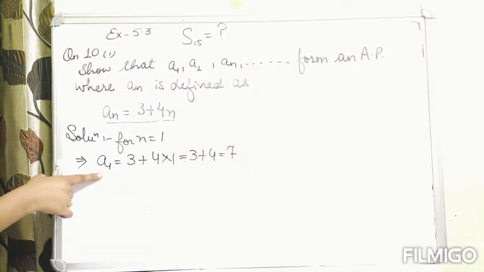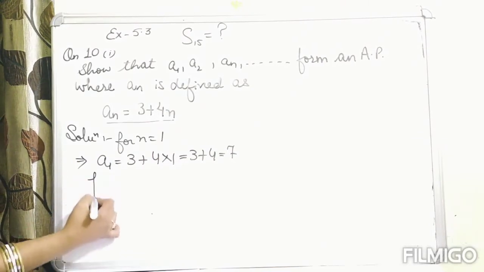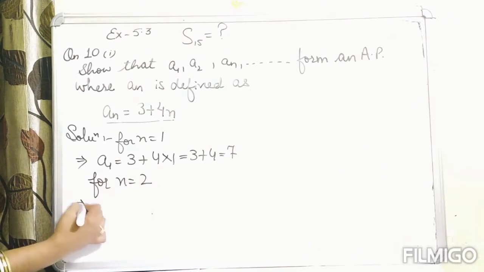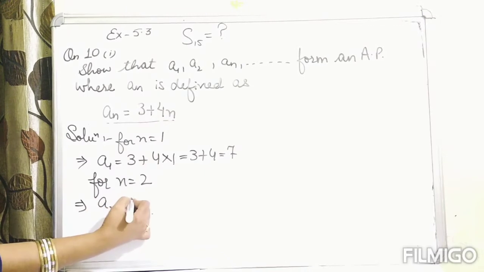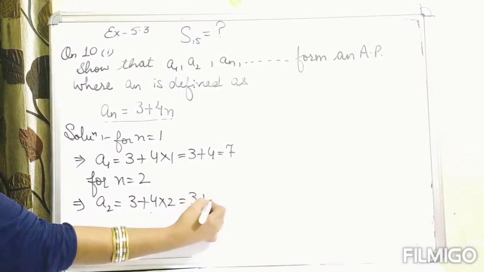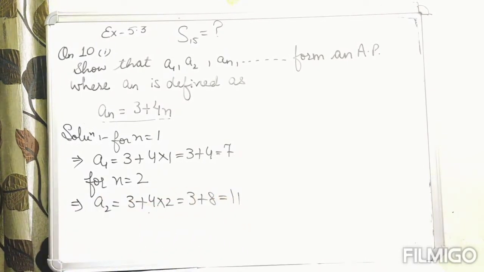So what we find is that a1 is equal to 7. In the same way, if I put n equal to 2, then a2 will be 3 plus 4 into 2, 3 plus 8, that means 11.